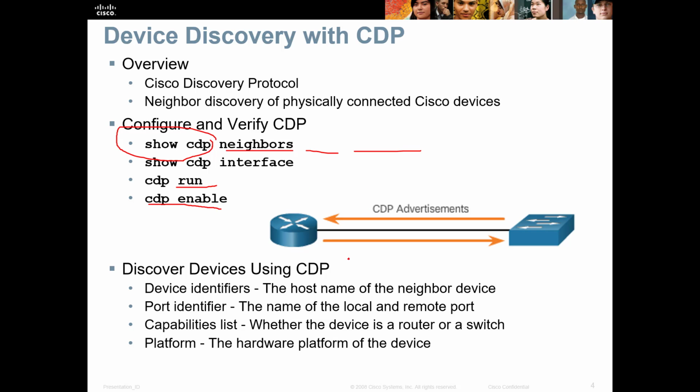It is a broadcast type of protocol, right? So there's going to be advertisements going back and forth. So that's a big deal, right? Because that means there's broadcasting going on, and you're going to see we need to turn that off in one place. It's a layer 2 activity.